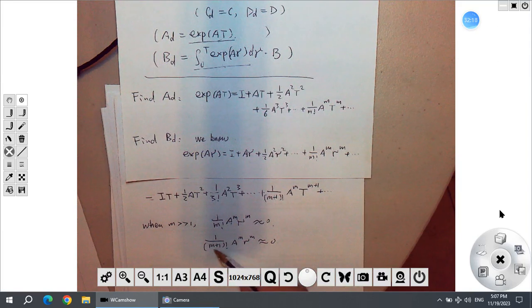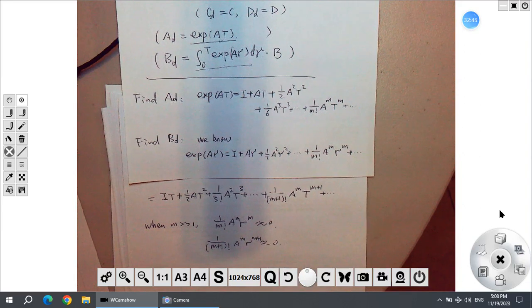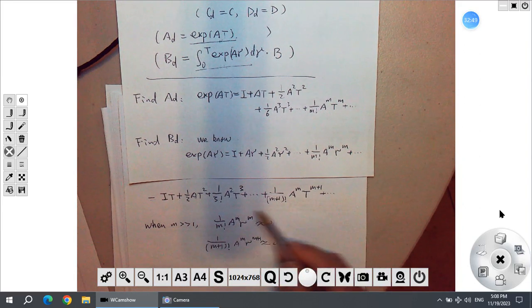So every time you divide by a larger number, and in the numerator you just multiply by A and gamma, fixed numbers. Oh, here it is I plus 1. Yeah. So both will tend to 0. So when you calculate, you only need the first few terms.